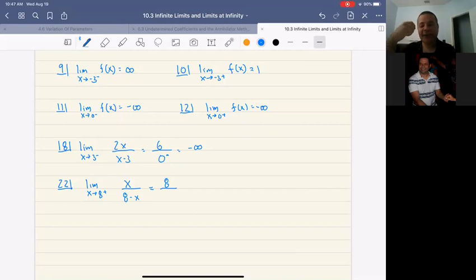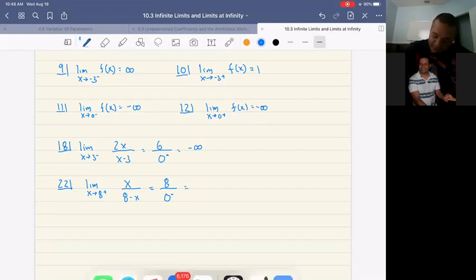So that means we're going to have things like 8.1, 8.01, 8.001. Let's say 8 minus 8.1, is that going to be positive or negative? Good, it is negative. 8 minus 8.1 is going to be negative 0.1. So this is going to be 0 with a negative. Just because this one has a positive doesn't mean that 0 is going to be a negative. You have to be a little careful. And that is, again, going to be negative infinity.